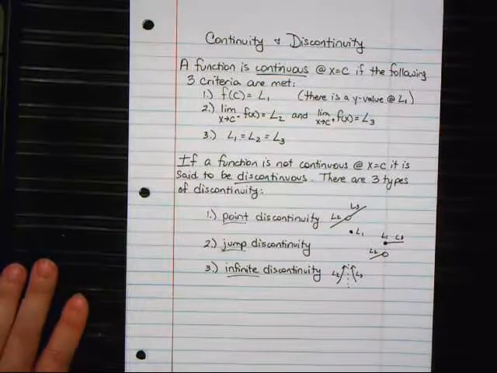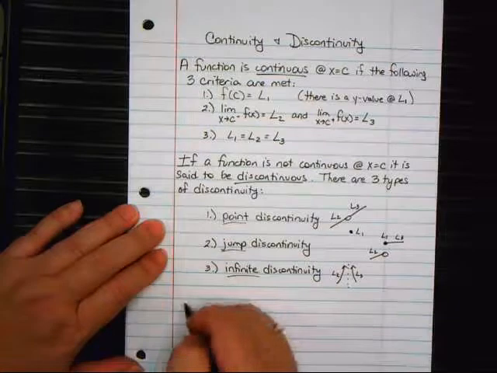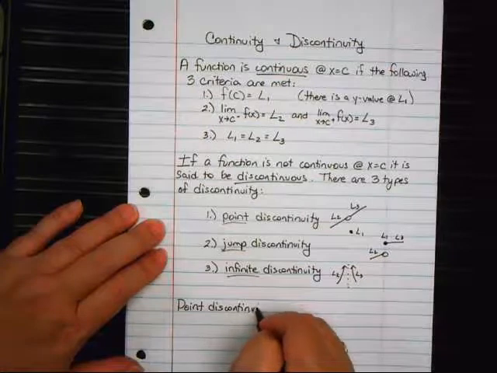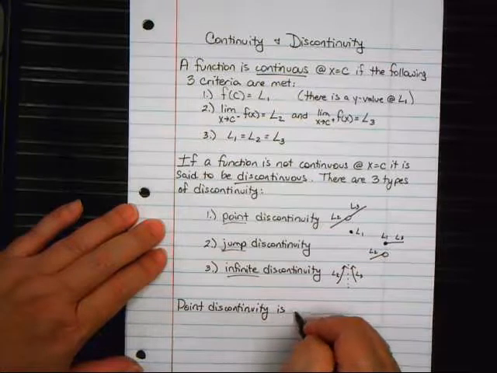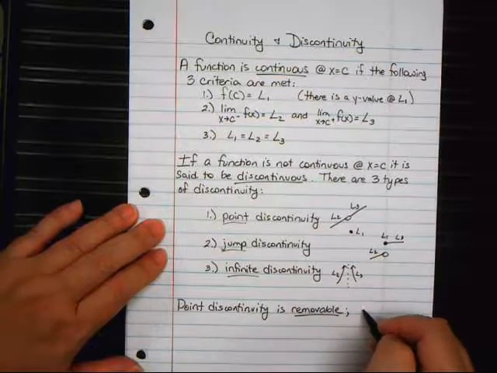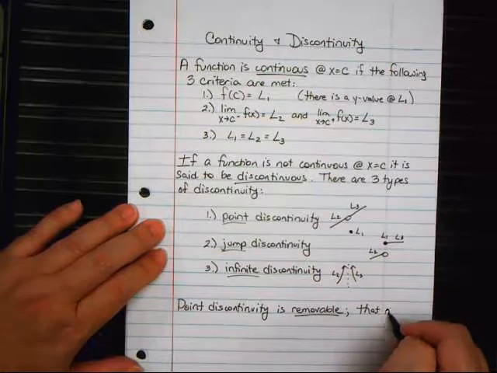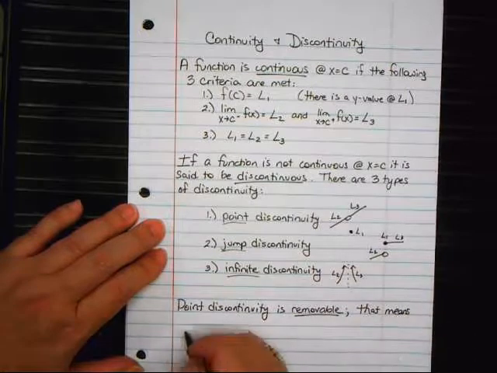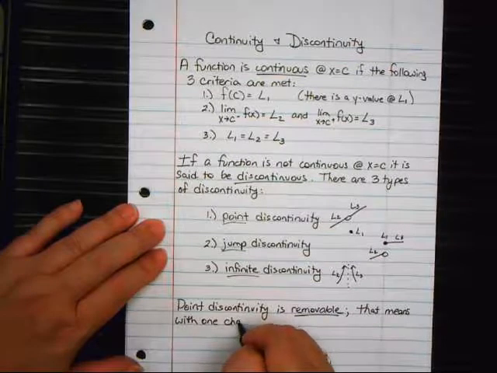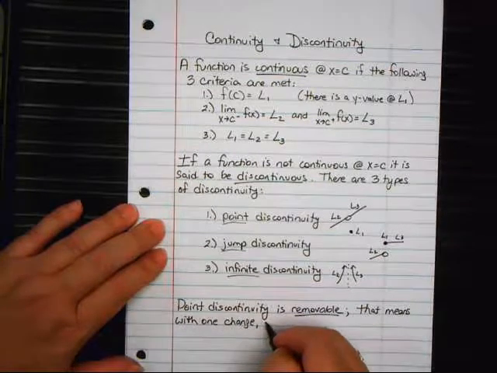Okay? Now the last thing I want to say about this is that point discontinuity is what we call removable. That means with one change, the function could be made continuous.